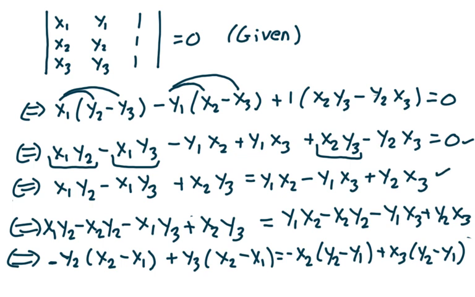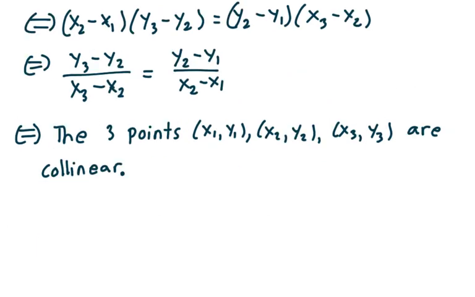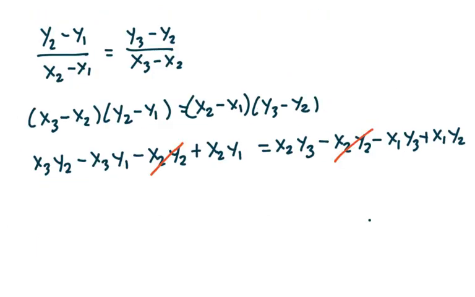So we're here, and we look at this and wonder, what do we do with this? Now, I'll teach you something sneaky. If we go a little bit ahead, notice where I ultimately want to arrive. If I cross multiply, I get (x3 minus x2) times (y2 minus y1) is equal to (x2 minus x1) times (y3 minus y2).